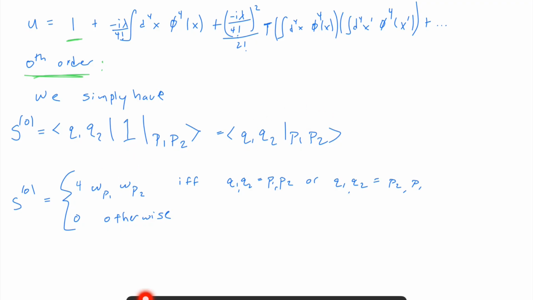So this is equal to 0 if these two states are not identical, and this is equal to 4 times omega p1, the energy of p1, times the energy of p2, if these two states are identical. And that could either be that q1 equals p1 and q2 equals p2, or the other way around, q1 equals p2 and q2 equals p1. So that's our answer for our first transition amplitude.